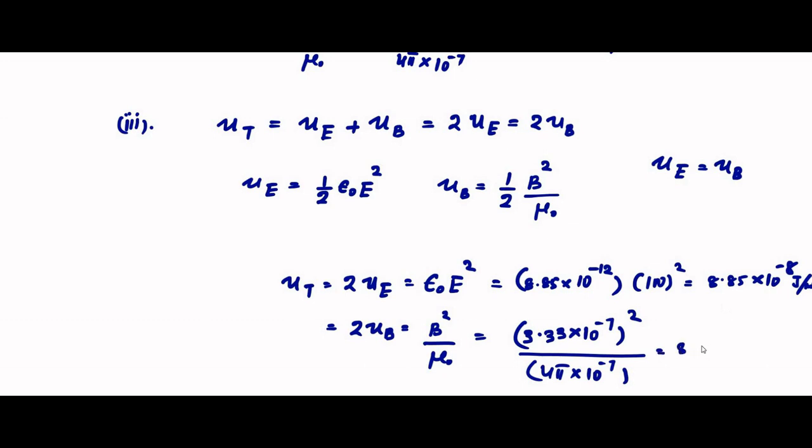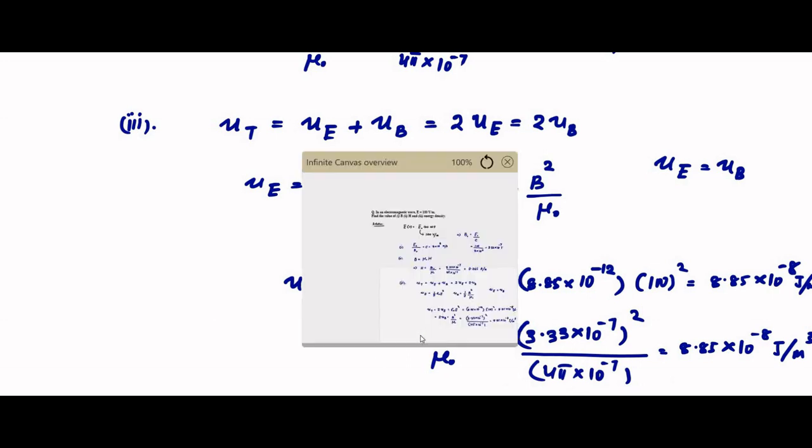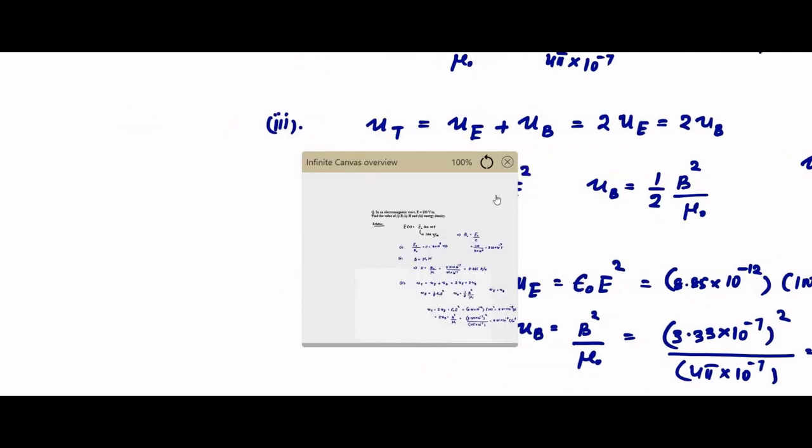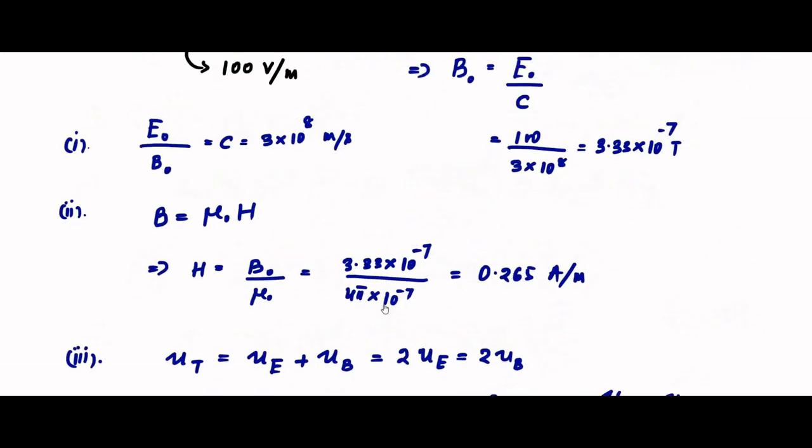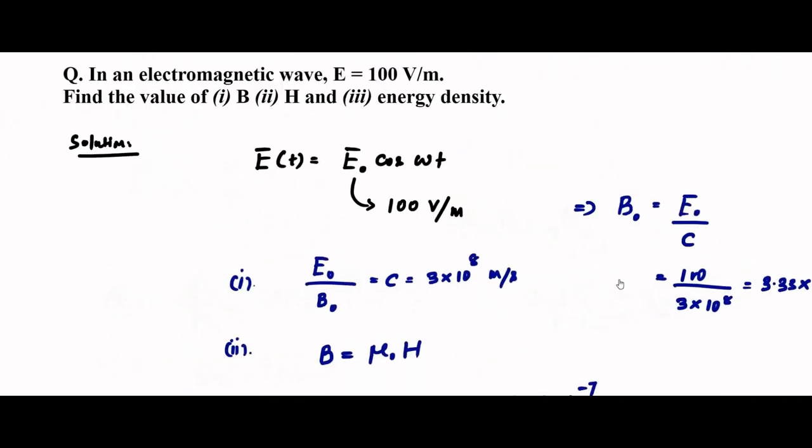That will also be equal to the same 8.8 into 10 to the power minus 8 joule per meter cube. So either way you go, you will get the same result. Okay, so here we have determined all the parameters which were asked.